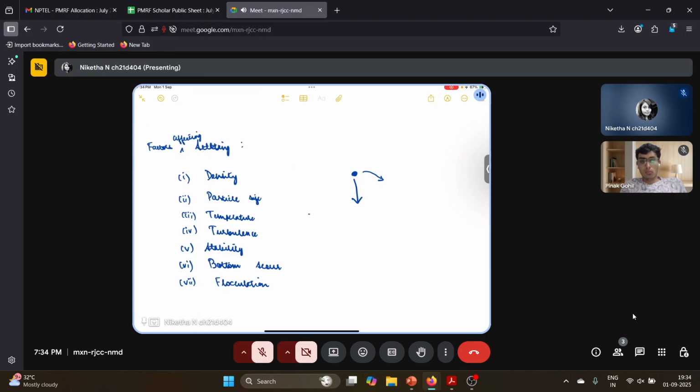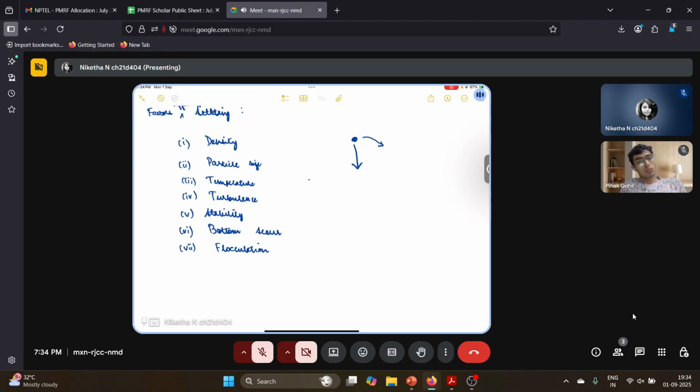And then the stability and how much bottom scour we are giving. Sometimes when there is a sedimentation tank like this, over time the particles get settled down. Imagine this is your tank and this is the bottom where solids are settled.